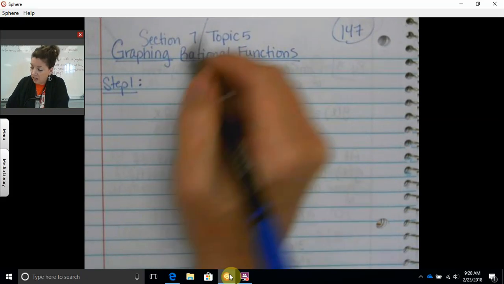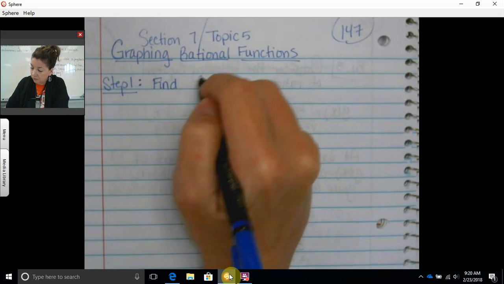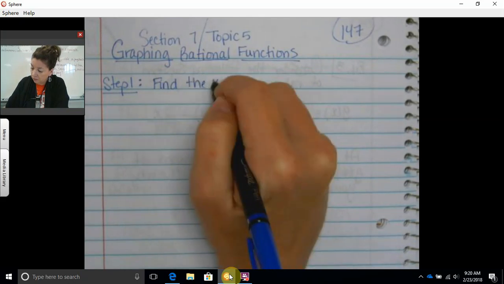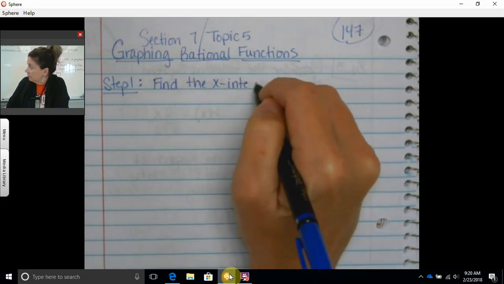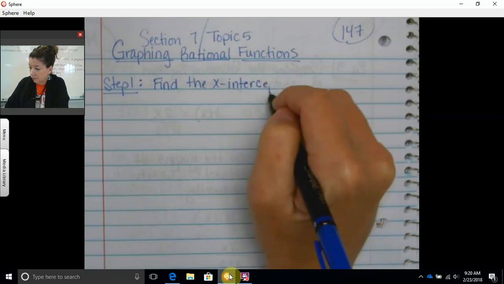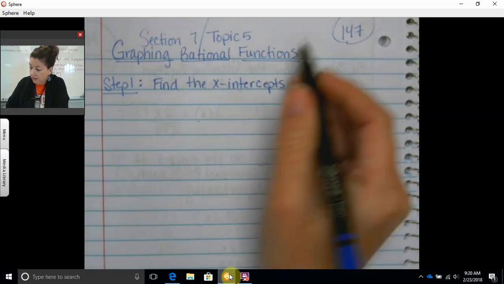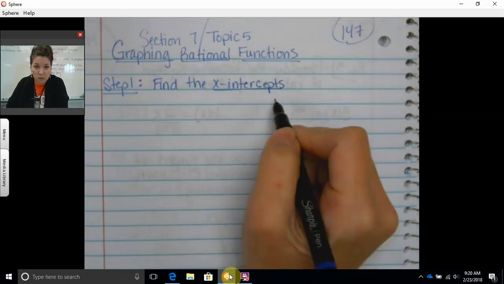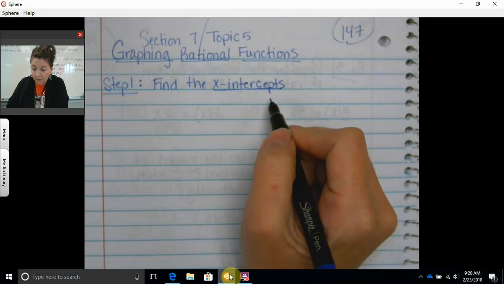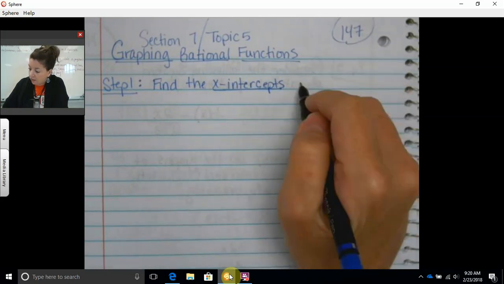is find the x-intercepts. Remember, that's going to be where the graph crosses the x-axis of the function.